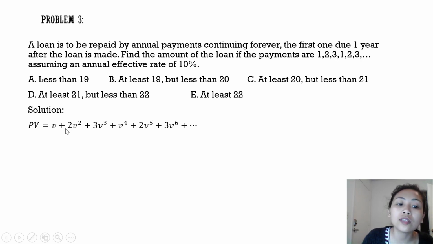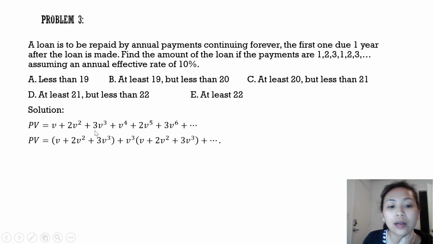So we have 1v, then 2v squared, then 3v cubed, then 1v^4, then 2v^5, then plus 3v^6, and continue. So here the first 3 is a block, the next 3 is another block. If we factor v^3 out, we have the same with these 3. So we continue factoring out.